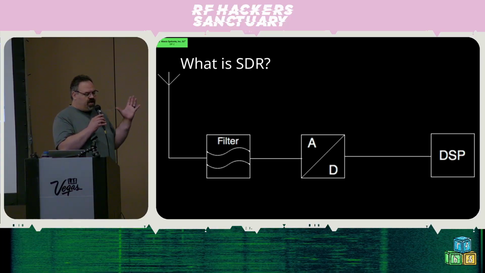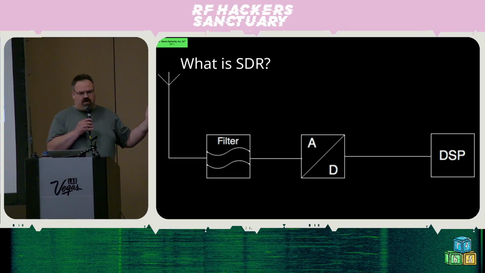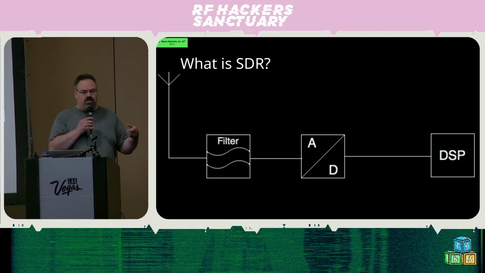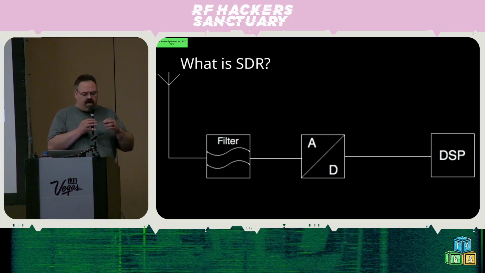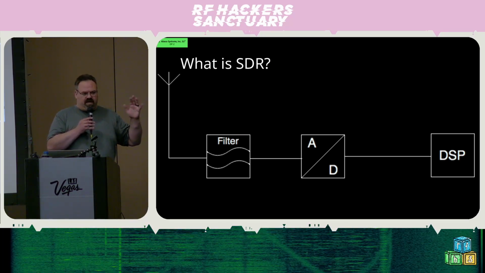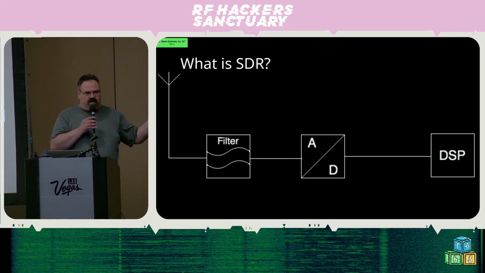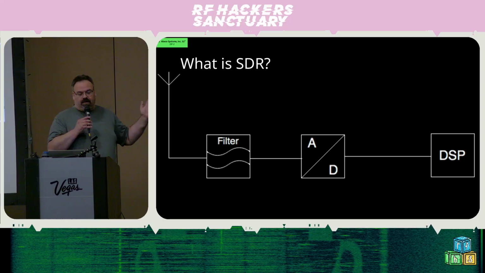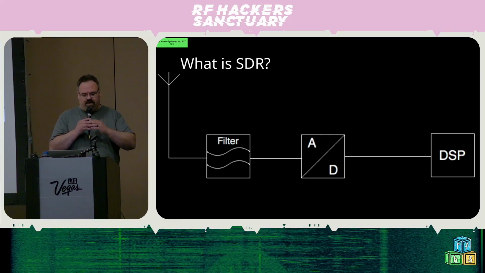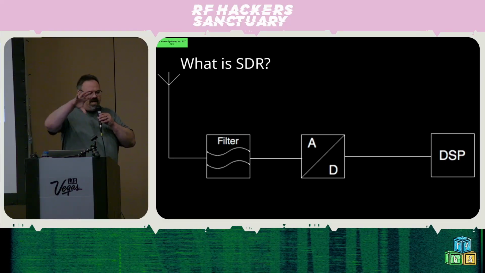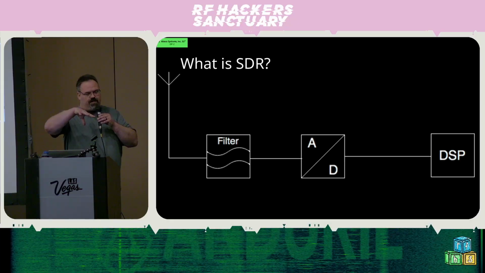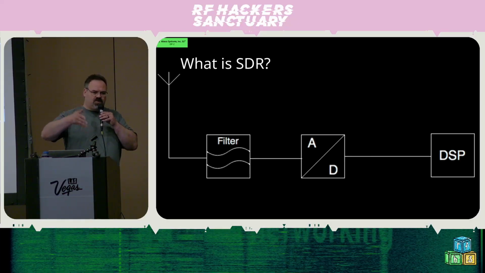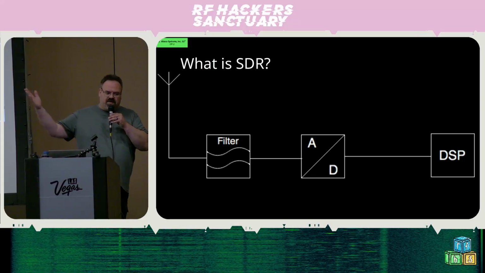For example, there are some HF SDRs that are what are called direct sampling, where the antenna literally is just run into the A to D converter. And we don't want to get signals that are too high frequency, because we end up with what's called aliasing, which I will describe in a little bit. So we have a low pass filter set up so that only the frequencies up to like 30 megahertz go in, and everything else gets cut off.